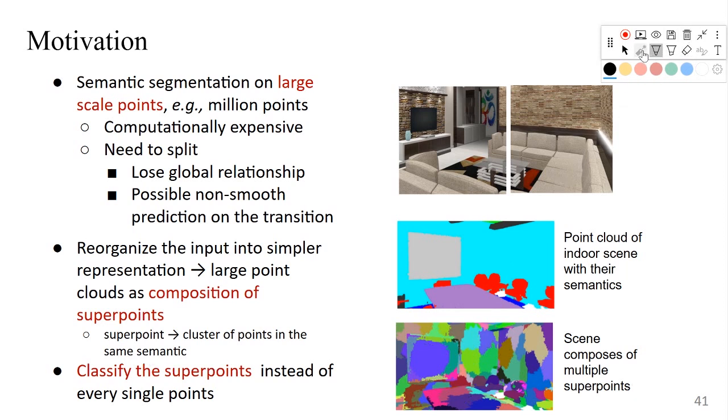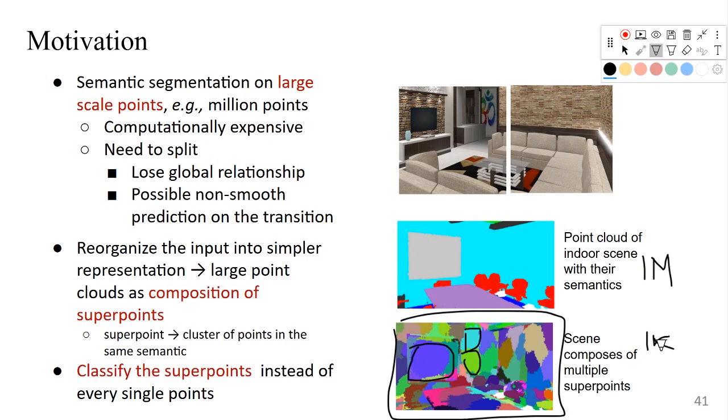Finally, once we get these superpoints, instead of classifying every point when we do semantic segmentation, we classify every superpoint. So the unit becomes the superpoint. Instead of classifying 1 million points, we classify around 1K superpoints.